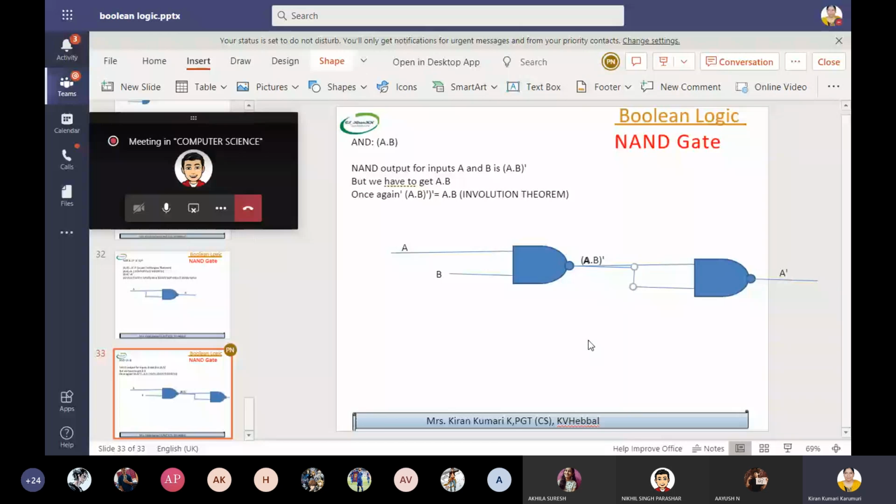Now you can see. Got it, children? So what will the final output be? If we send A dot B dash again into NAND, what will happen? Children, you are not responding.